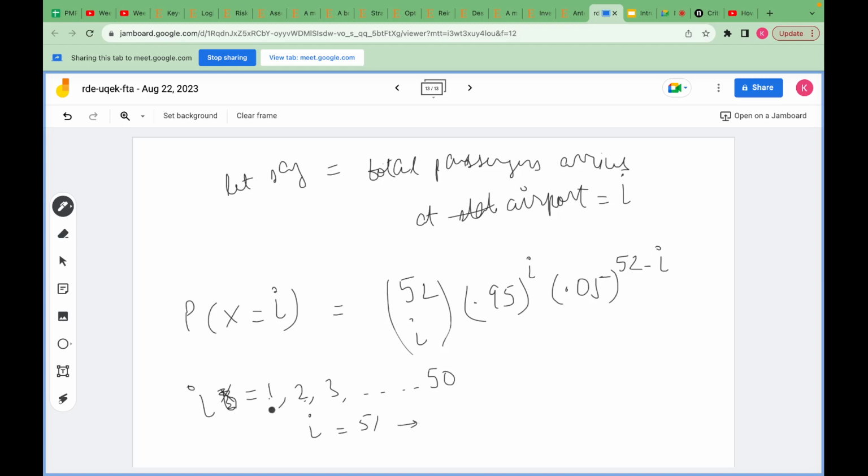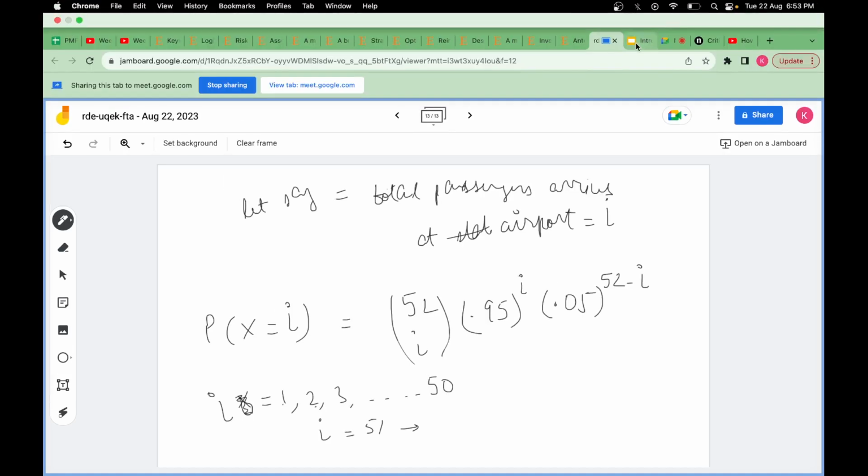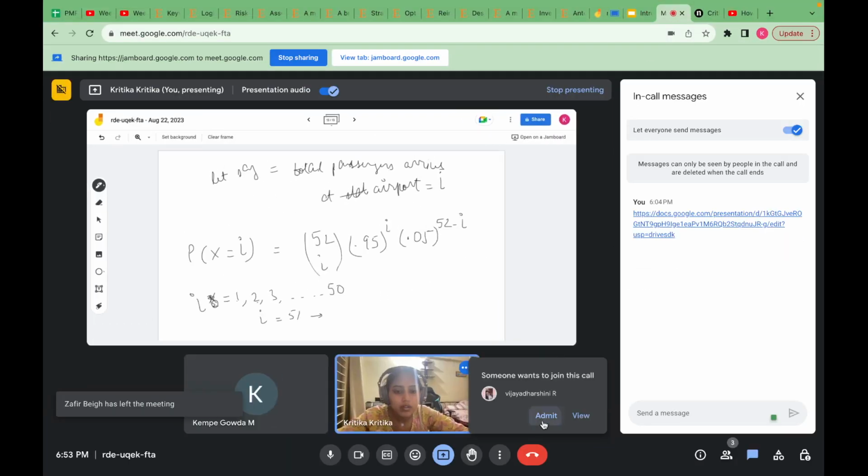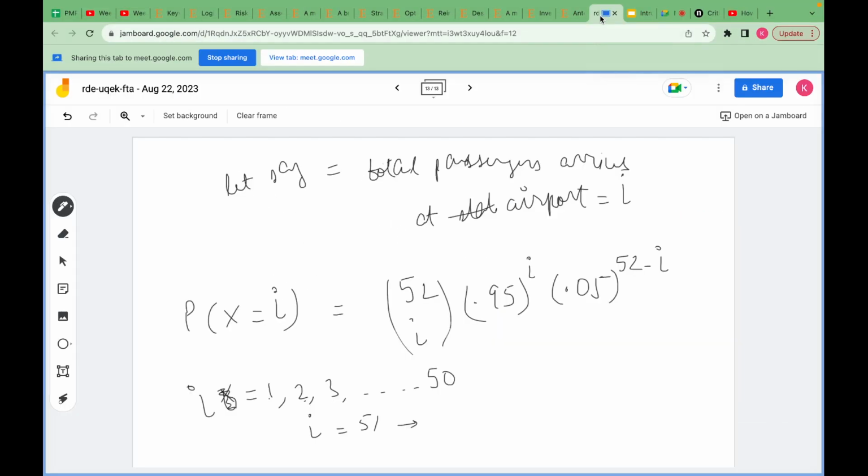So the probability that every passenger who arrived at the station will be assigned a seat is only possible when I ranges from 1 to 50.